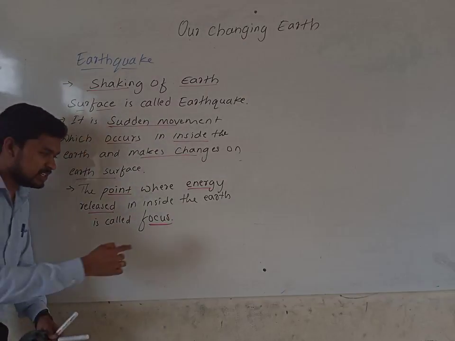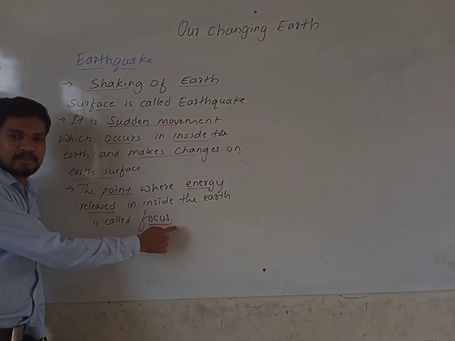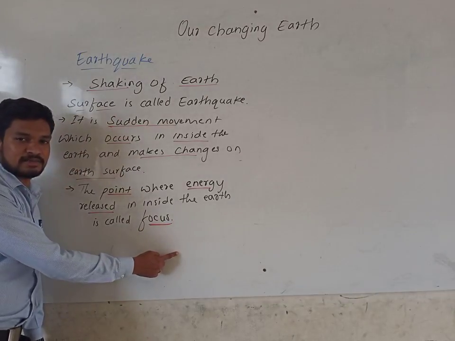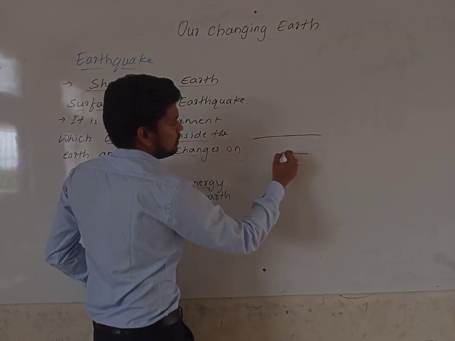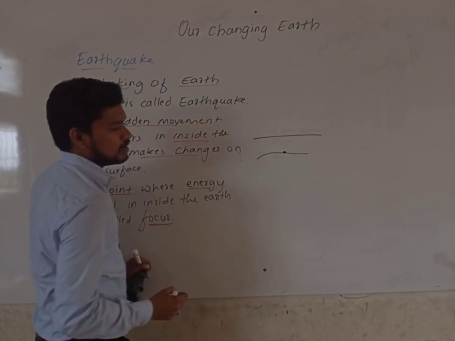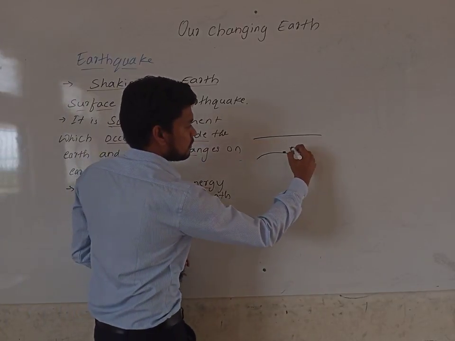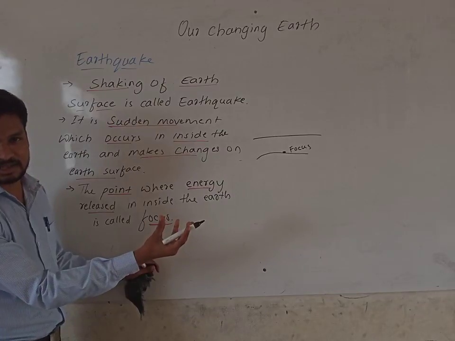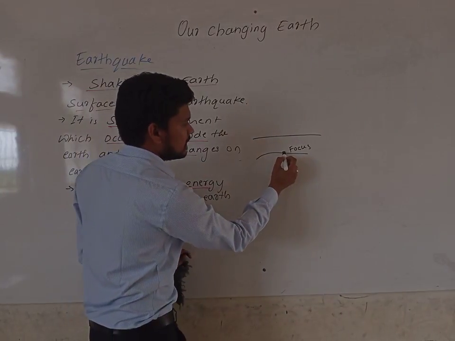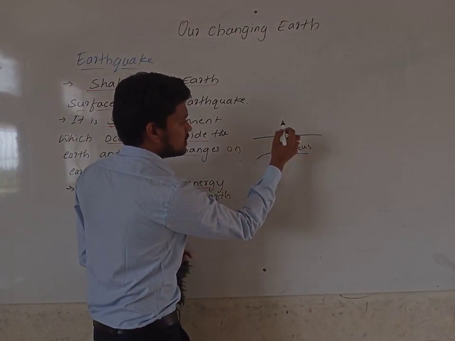Then from this point, the energy passes to the earth surface. It's the point where energy is released and starts. From here, energy passes into the surface of the earth.